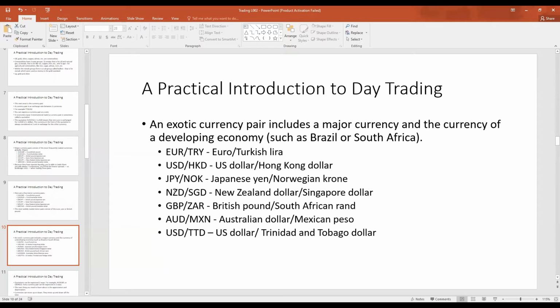We can have the New Zealand dollar, Singapore dollar. We can have the British pound, South African rand. We can have the Australian dollar, Mexican peso, and we can have the US dollar, Trinidad and Tobago dollar. These are just examples of some exotics. There are more exotics than these.